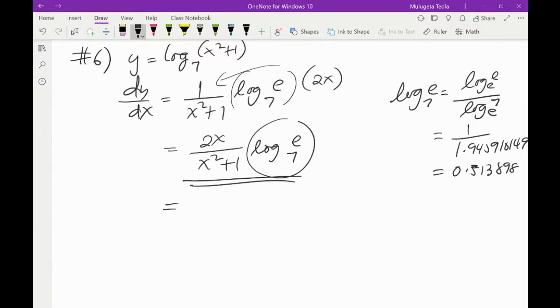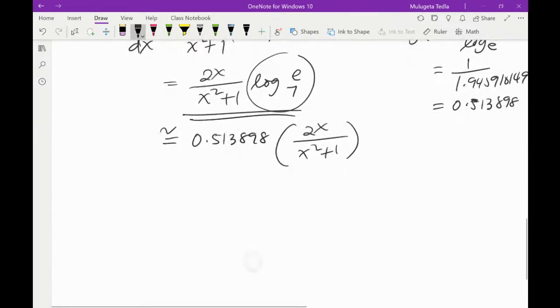You can say it's very hard because we are really approximating it. 0.513898 times 2x over x squared plus 1. We can even multiply by 2.